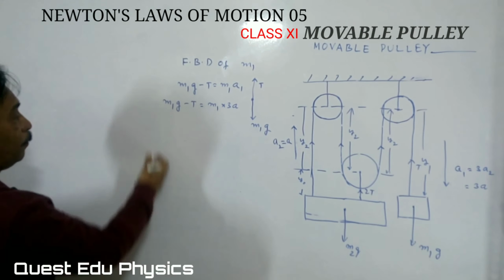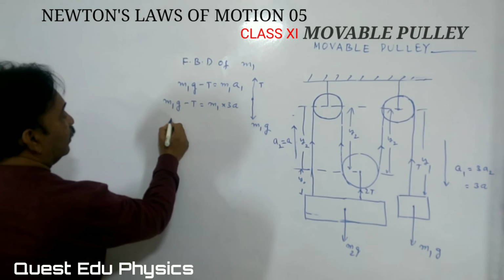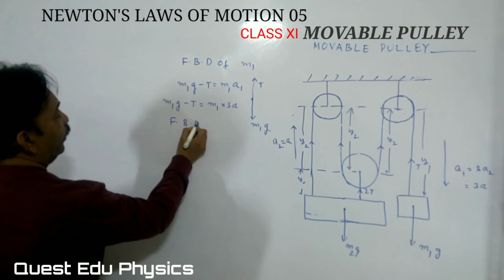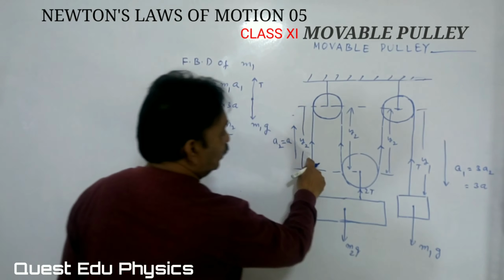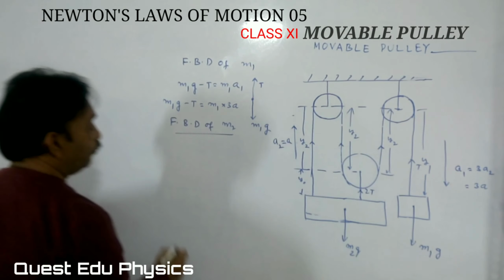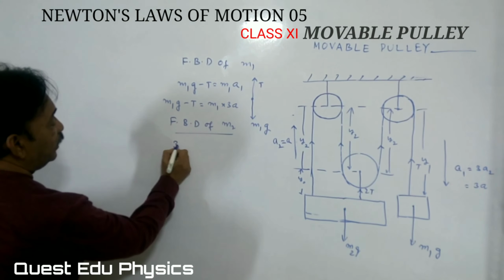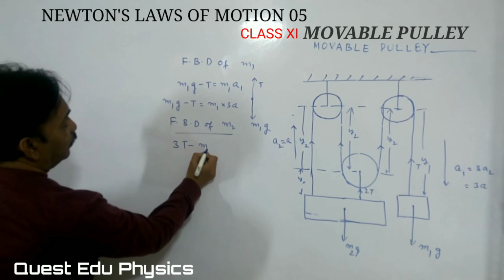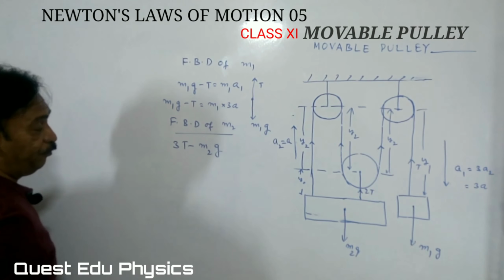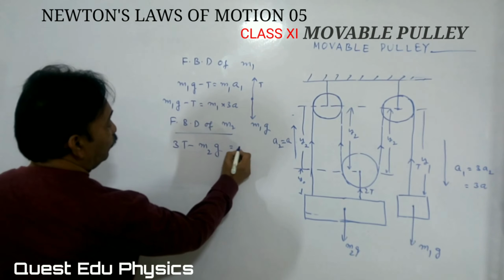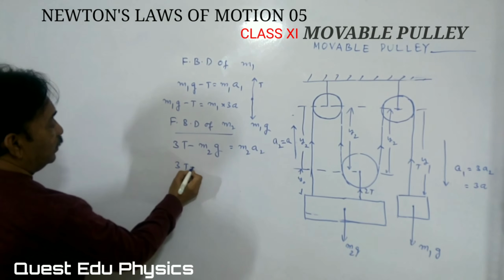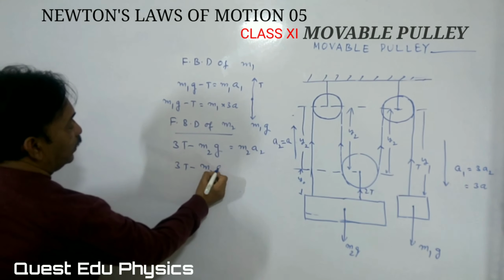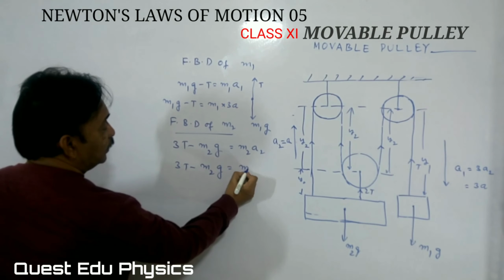And if you watch the second one, FBD of m2, what you get, t plus t plus t. So 3t minus m2g is equal to m2 a2, that is 3t minus m2g is equal to m2a.